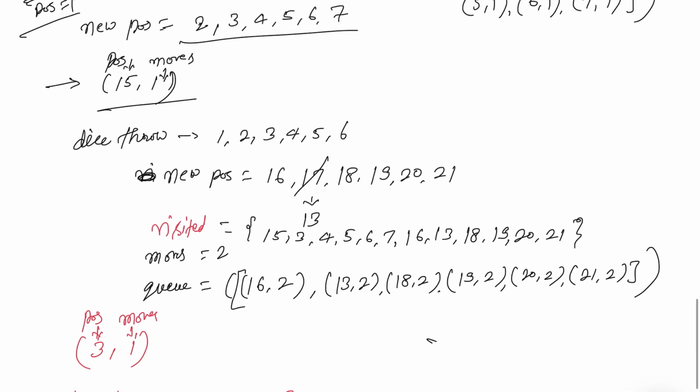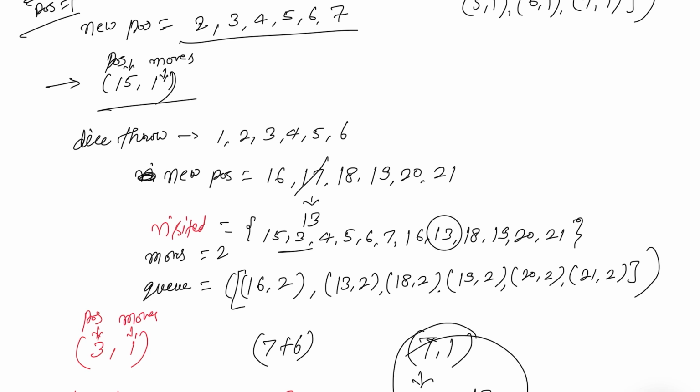For 7 plus 6, if we take 7 1 and throw the dice and it comes 6, then it will also come to 13 here. But we have already taken 13 inside of this visited set, so no need to consider this move. Whatever has come inside of this set, we don't have to repeat and put again inside of this set and this queue.